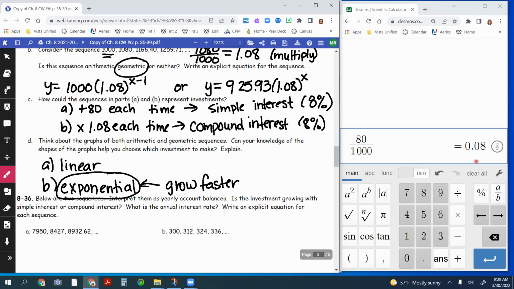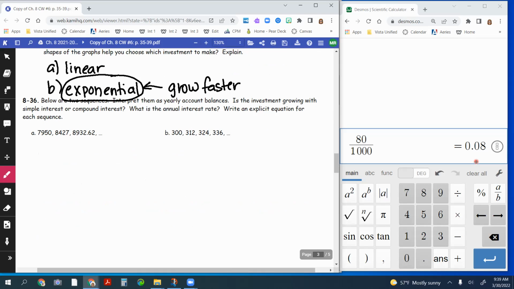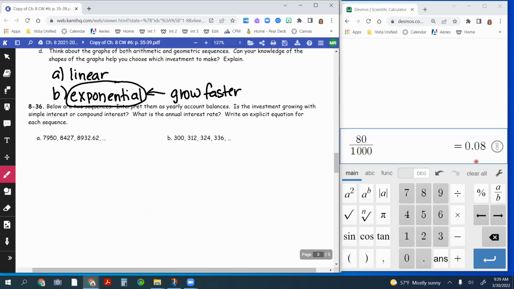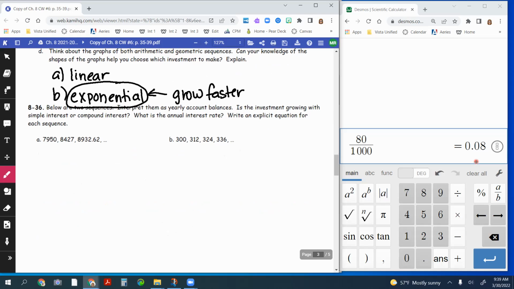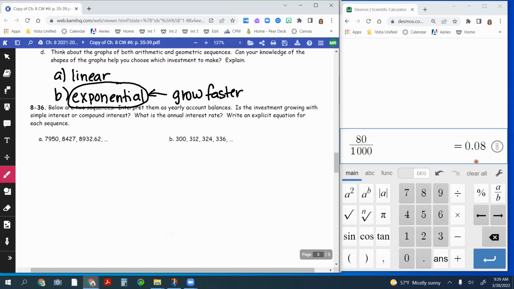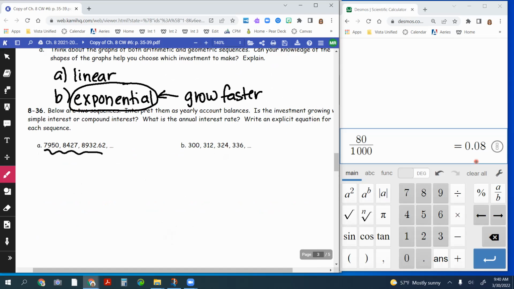So on this one, we have two sequences. They want us to interpret them as yearly account balances. Is the investment growing with simple interest or compound interest? What's the annual interest rate? Write an explicit equation for each. So in this situation, it doesn't look like we're adding.